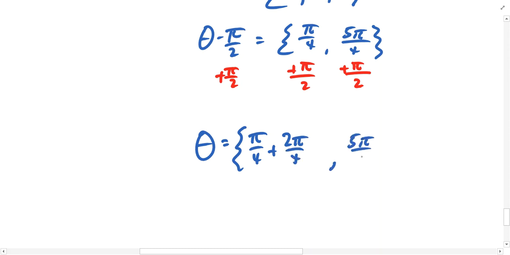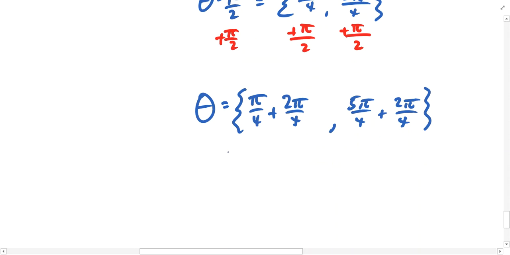And we've got 5 pi over 4 plus 2 pi over 4. Pi over 4 plus 2 pi over 4 is 3 pi over 4, and that number exists in our unit circle, which is a good sign. And 5 pi over 4 plus 2 pi over 4 also exists in our unit circle. That's 7 pi over 4.